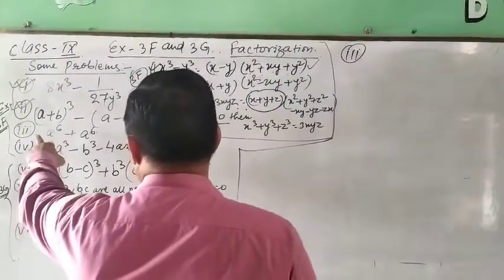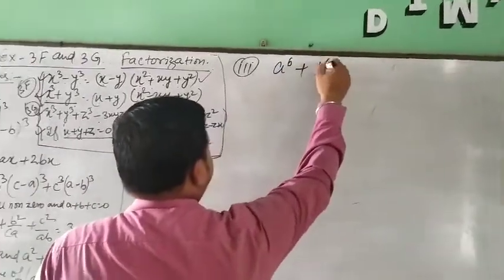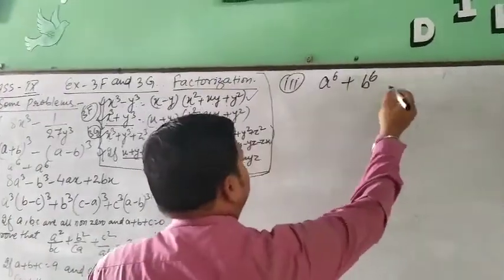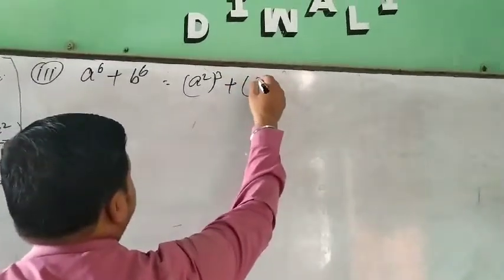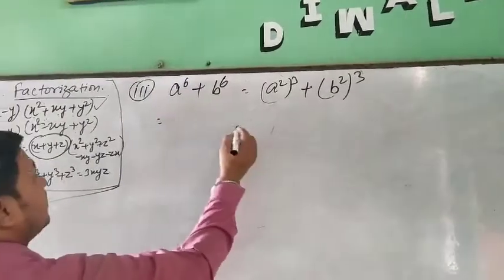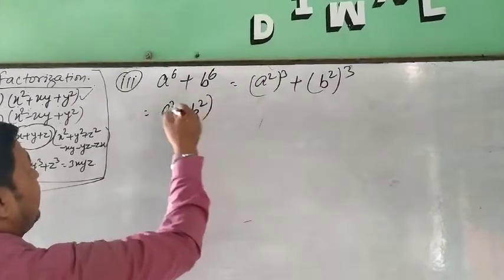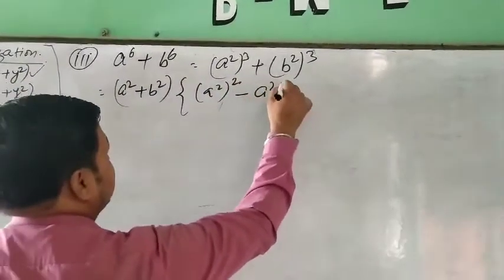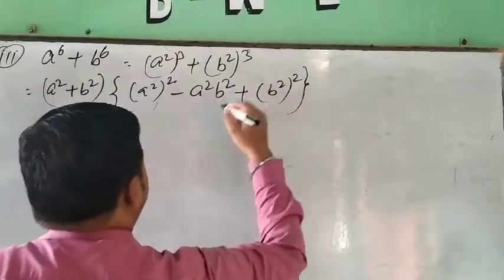Solution of question number 3. a to the power 6 plus b to the power 6. Here we can write (a square) the whole cube plus (b square) the whole cube. So (a square plus b square) into ((a square) the whole square minus a square b square plus (b square) the whole square).